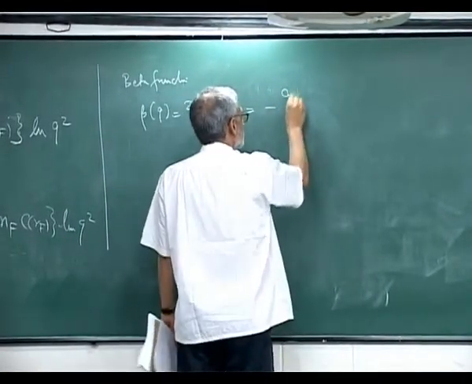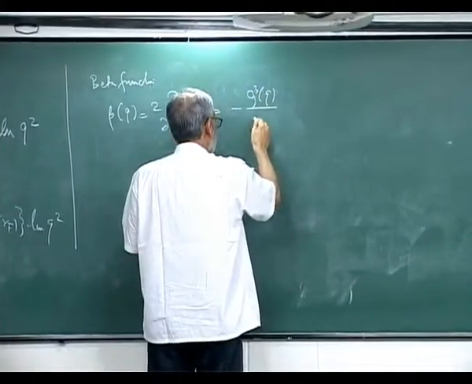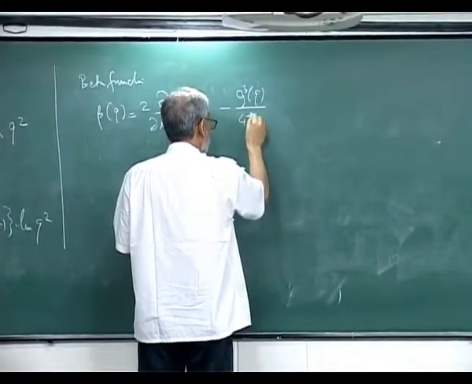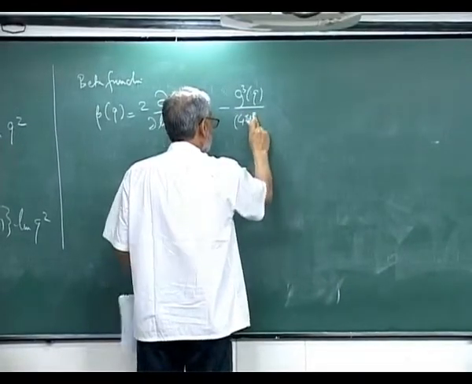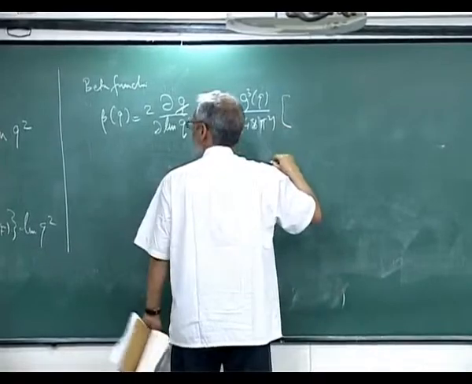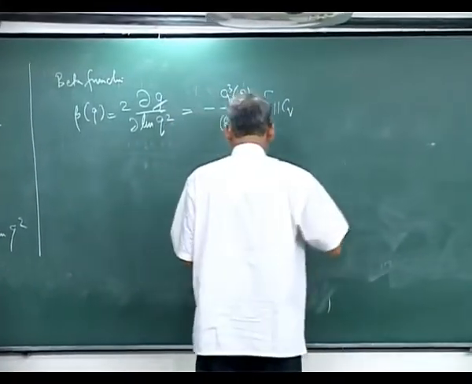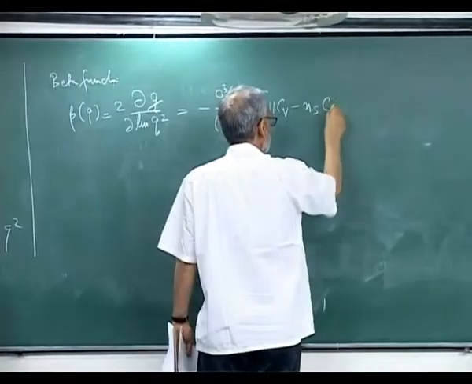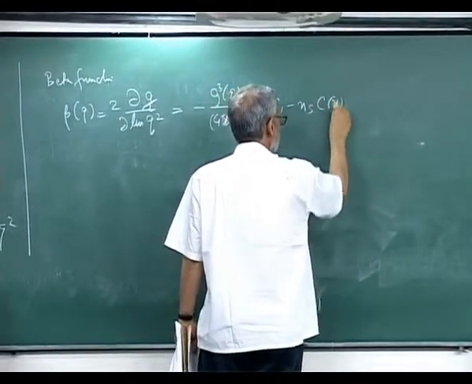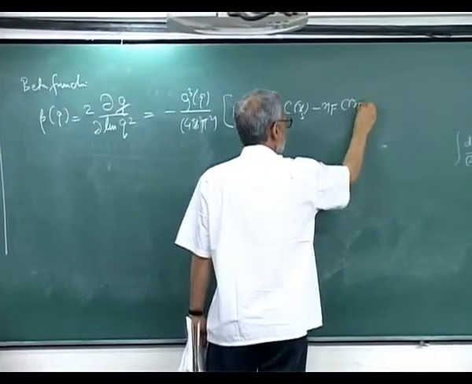It's minus g cube of q by, I think, 48 pi square, 11 CV minus NS CS of Rs minus NF C of Rf.